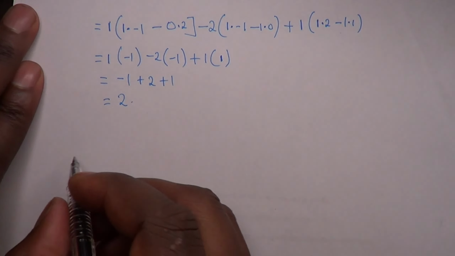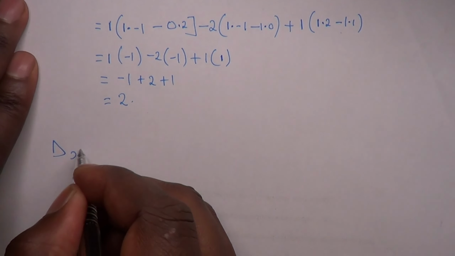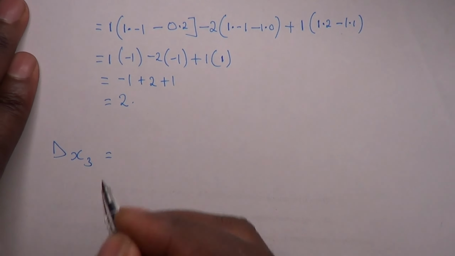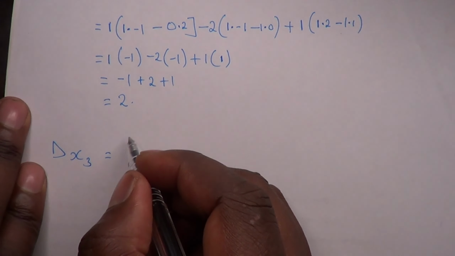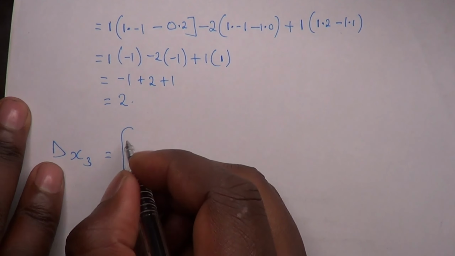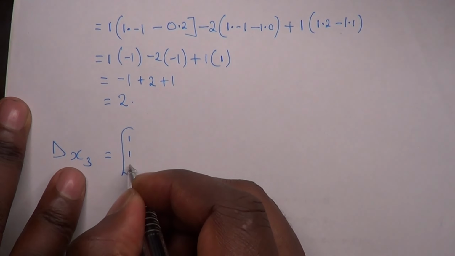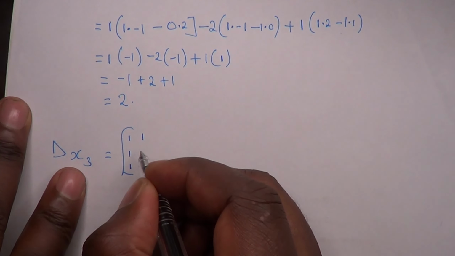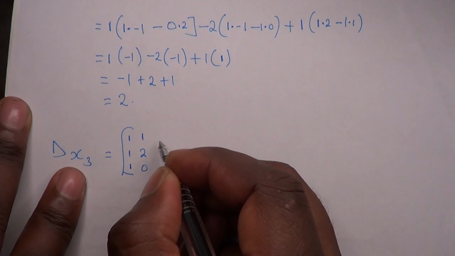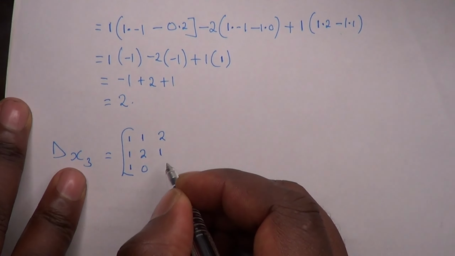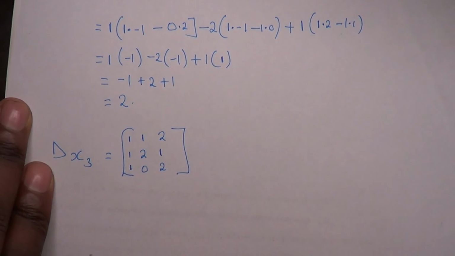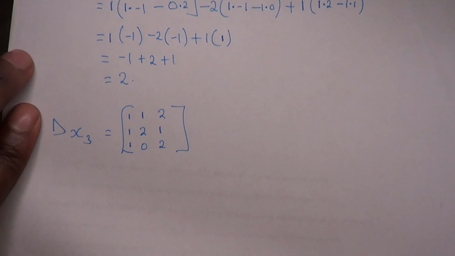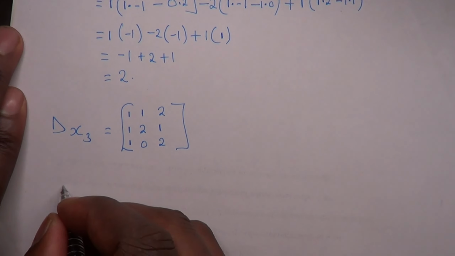So determinant of dx3, it will be what? Determinant of dx3. First of all, we need to find the matrix of it, and it is 1, 1, 1, 1, 2, 0, 2, 1, 2. So the determinant of this one now it will be what?